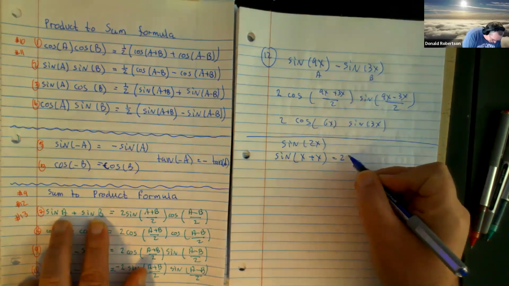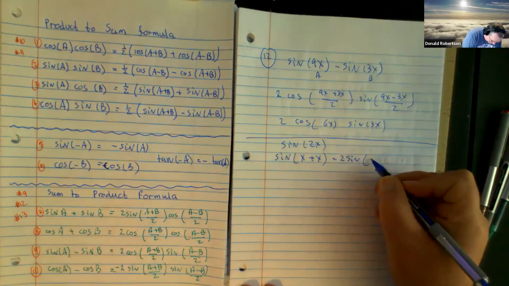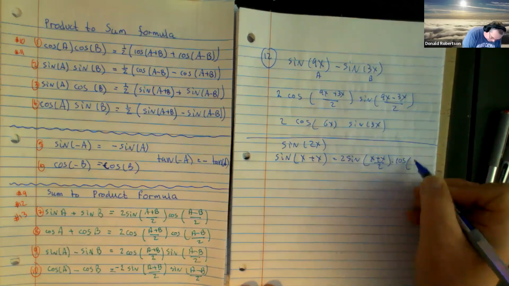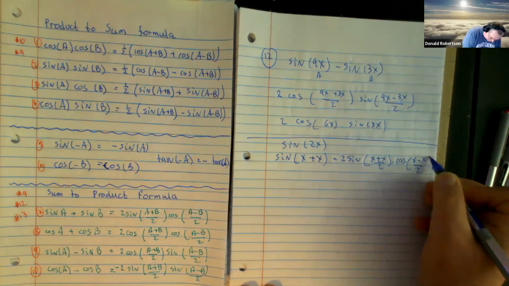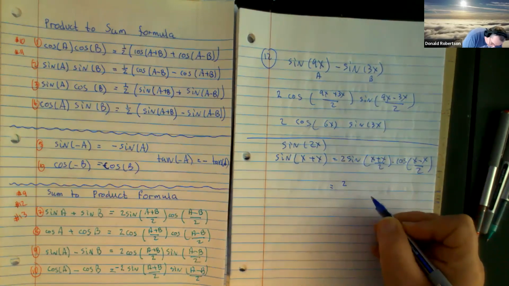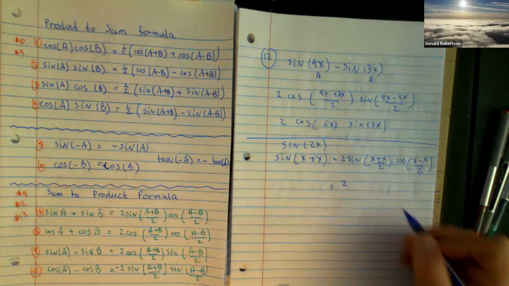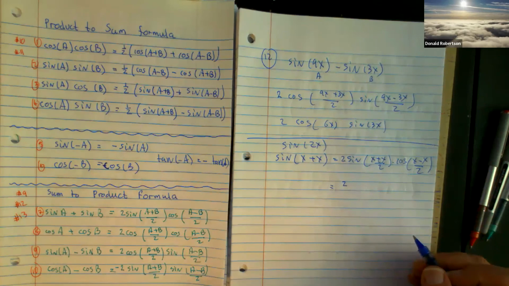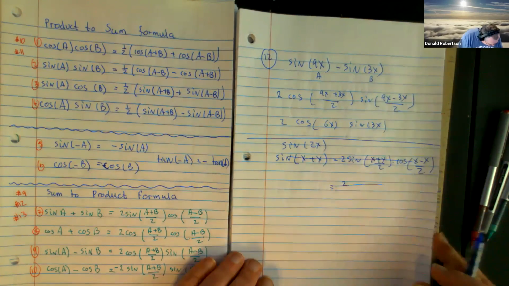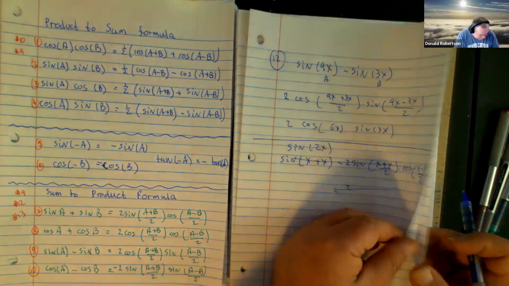Twice the sine of A plus B over 2 times the cosine of A take away B over 2. And that gets me to, oh, I'm using the wrong one. My apologies.